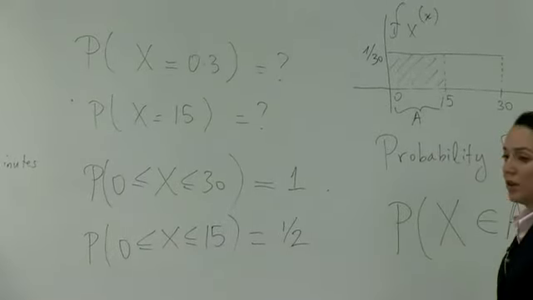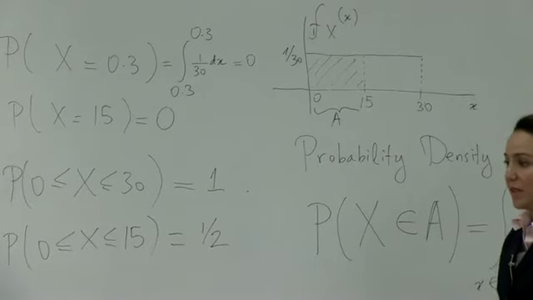To the density, 1 over 30 dx, which is what? 0. So the probability that x is exactly 0.3 is 0. How about the probability that x is exactly 15? That's also 0. So the probability that x is any particular value exactly is 0.